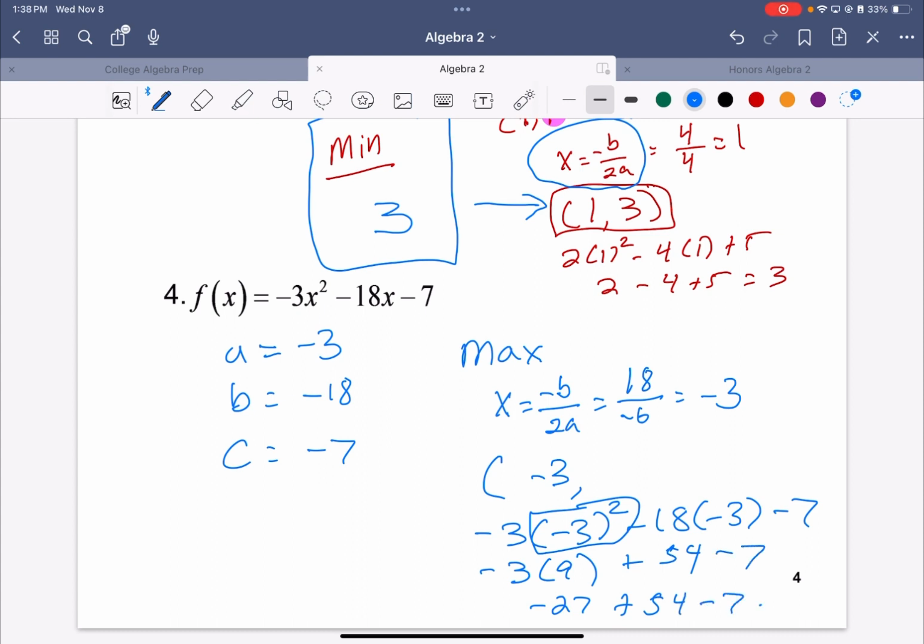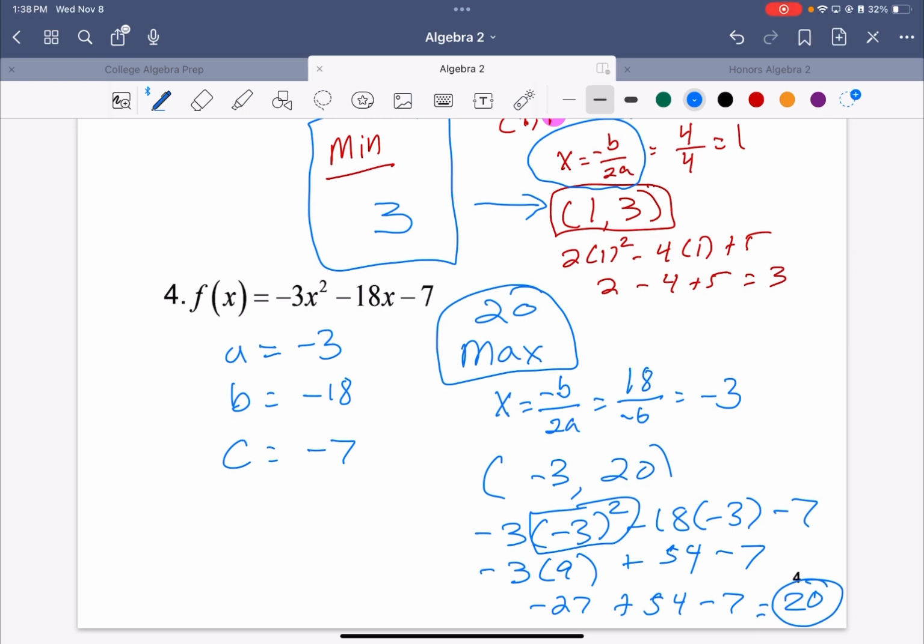So that's 20. Did we get 20? So that's my y value. So this is a maximum at 20.